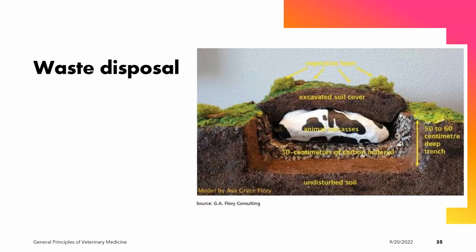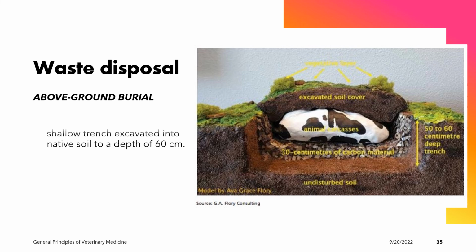Another method is the above ground burial. So what is this above ground burial? It is a hybrid of the deep burial and composting, which includes a shallow trench excavated into native soil, to a depth of 50 to 60 centimeters, as shown in the figures.